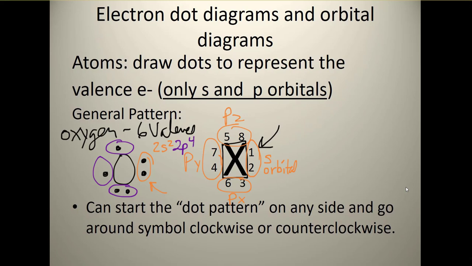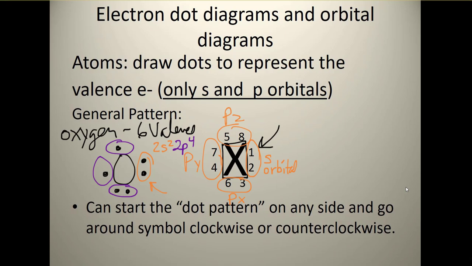Remember, those electrons repel each other, and so they are not going to share those 3 orbitals unless they have to. So they'll each get their own orbital, and then that very last electron in oxygen does have to share that first p orbital.